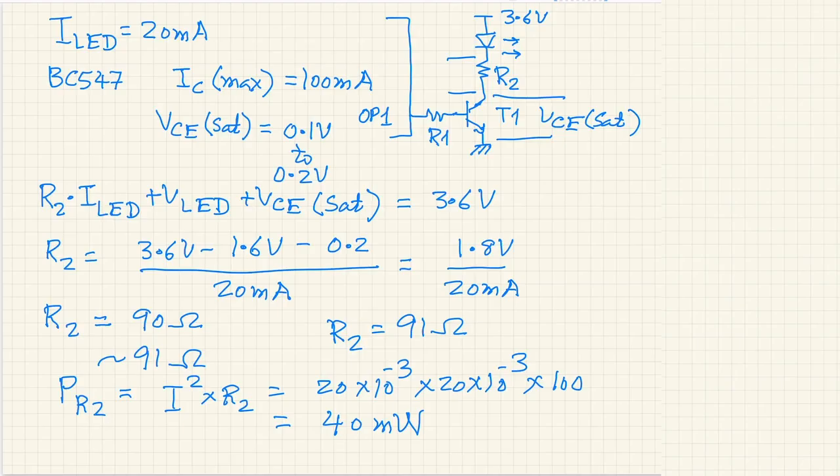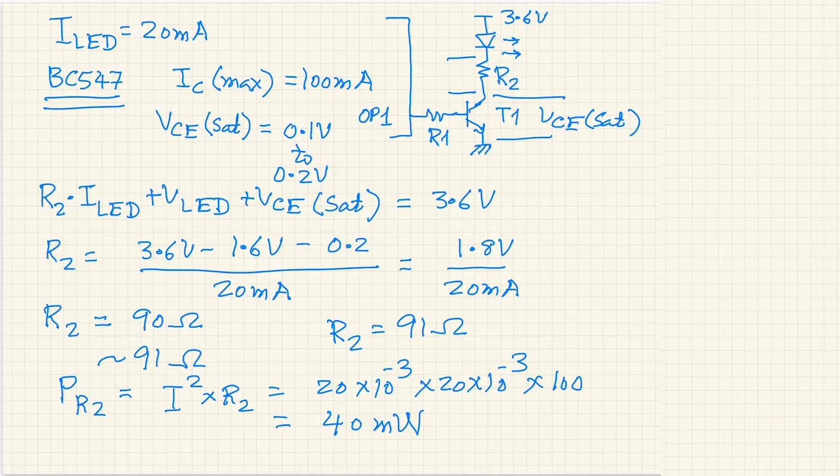So we have seen what equation to use to be able to calculate the value of the current limiting resistor with the LED. Now, if you want to change the value of the current from 20 milliamperes to say 100 milliamperes, you would still use the same approach, but find a suitable transistor to replace BC547, which will be able to handle 100 milliamperes.